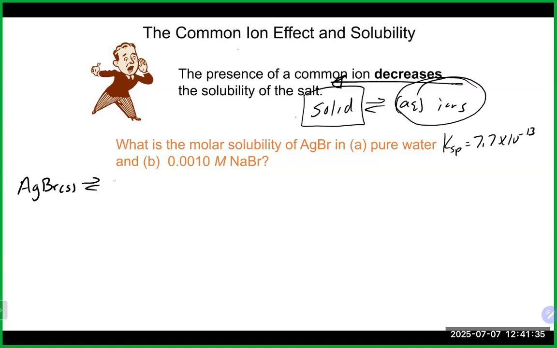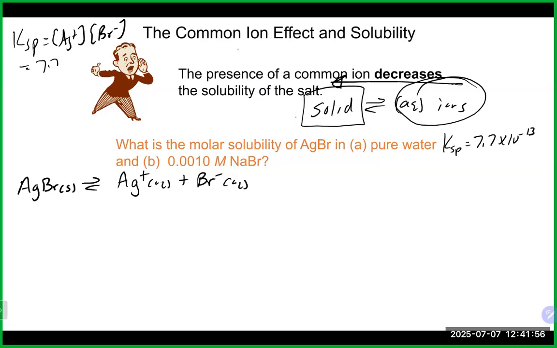It is one of those 3 exceptions for bromides, iodides, and chlorides. We will get a silver ion and a bromide ion in this case. Again, the KSP is going to be our silver ion times our bromide ion, and that will equal our KSP value, 7.7 times 10 to the minus 13.